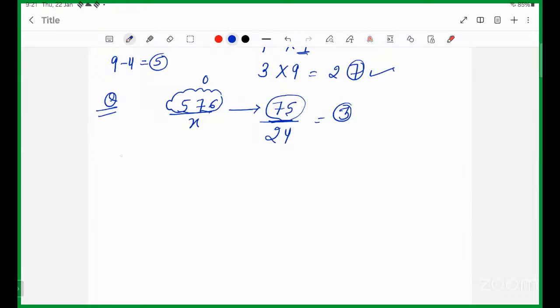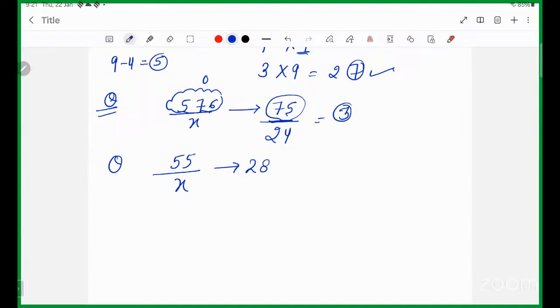Next question. Again, same. If I divided 55 by some number x, then the remainder was 28. On dividing the same number by 11, what will be the remainder?